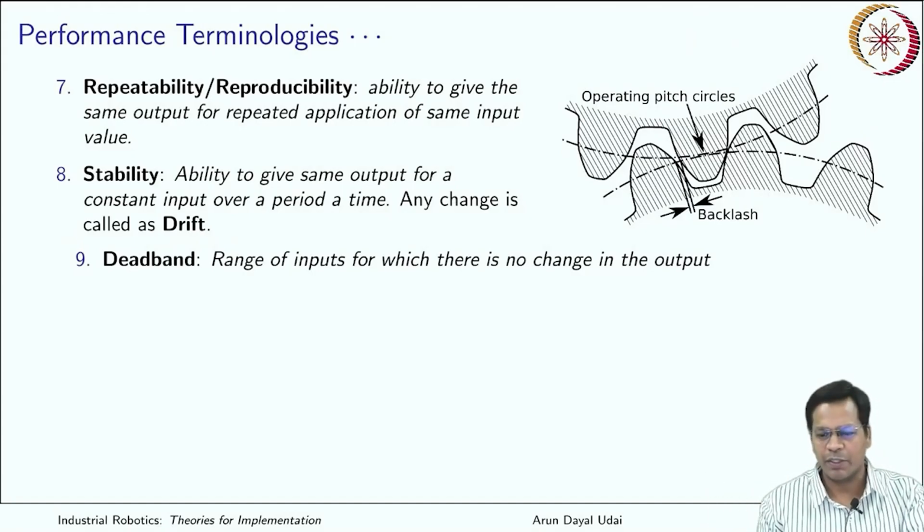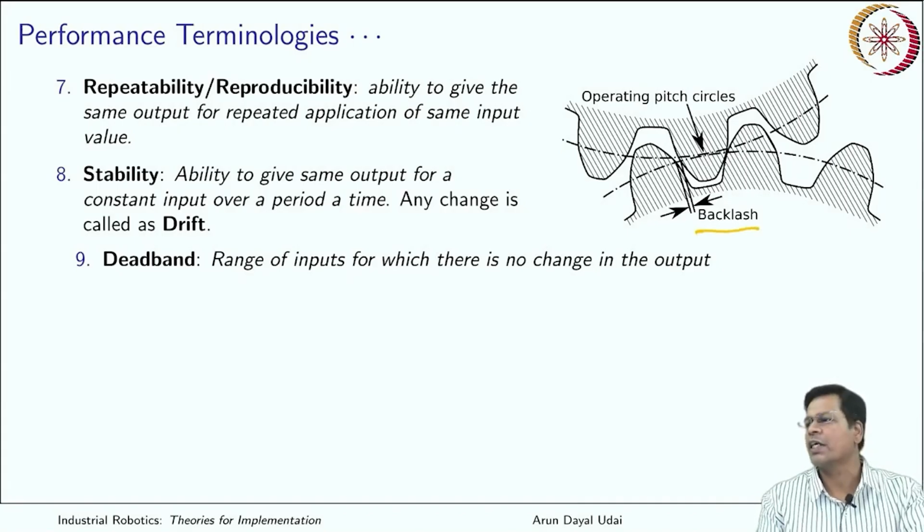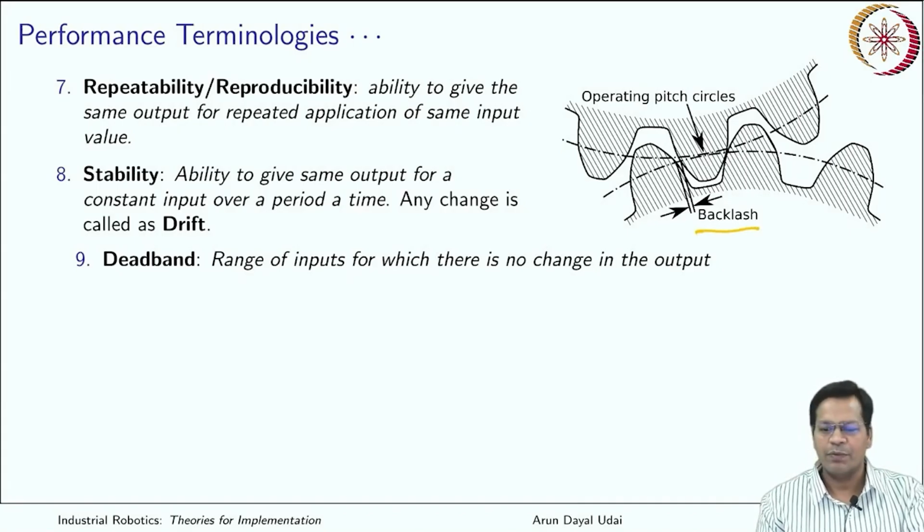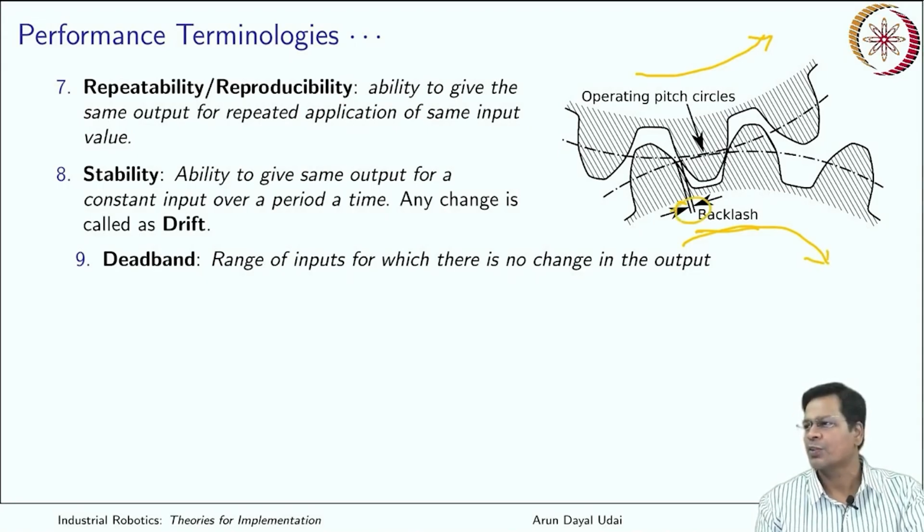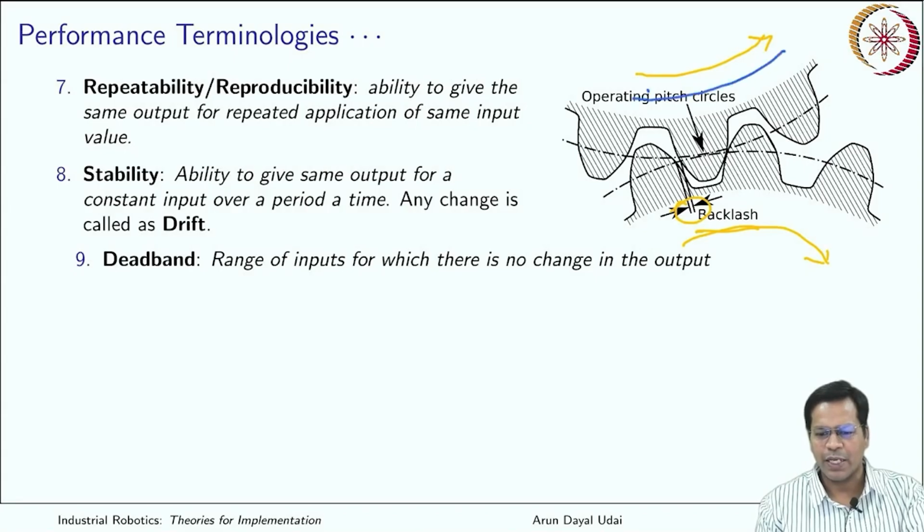It is very clearly explained by backlash in mechanical gears. If one of them is the driving gear, the other one is the driven gear. Okay, so what happens, there is some clearance. If this is driving this, the clearance is on this side. So when this starts rotating in the opposite direction, this will pick up, but after a lag, after a period of time.